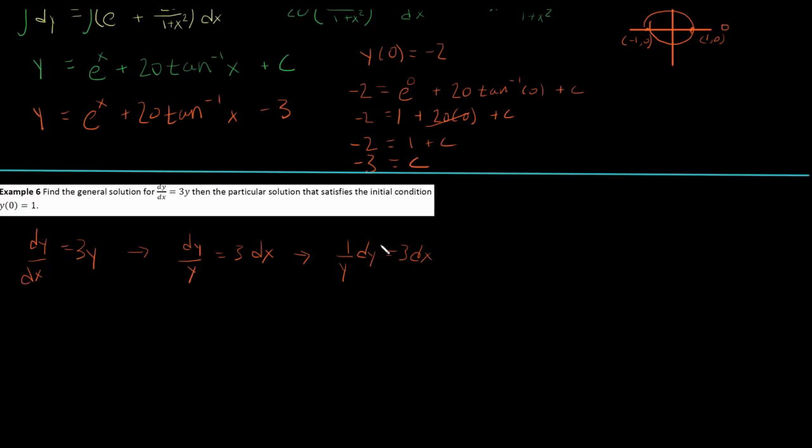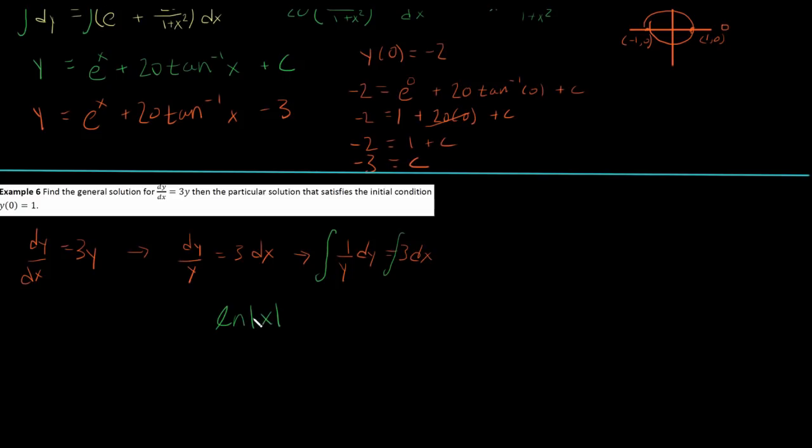All right, so now that we have everything separated, we're going to go ahead and integrate. What do we take the derivative of to get 1 over y? What's the antiderivative of 1 over y? Well, that's ln absolute value of y.